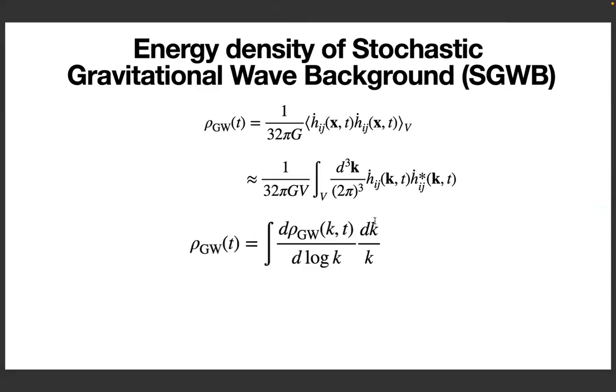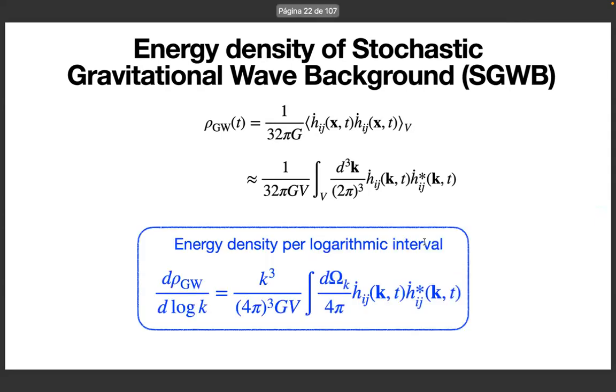And we can define the energy density per logarithmic interval, and we can write it in this form, which we'll see will be useful for us later. So here I show you the energy density per logarithmic interval. This is the observable that we will compute, that will help us follow the dynamics of gravitational waves.